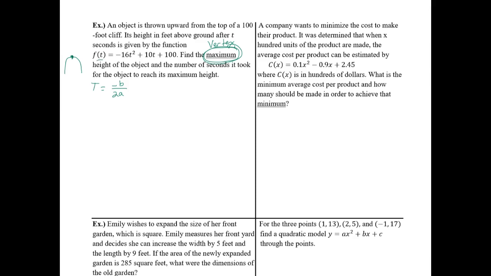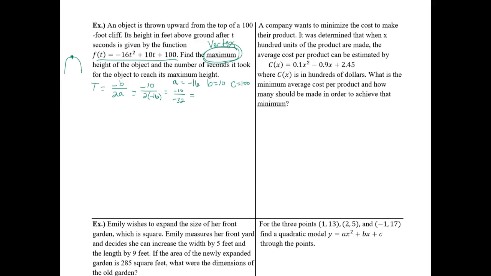So looking at our equation here, we know a is negative 16, b is 10, and c is 100. So negative b would be negative 10 over 2 times a, which is negative 16. And negative 10 over 2 times negative 16 is negative 32.